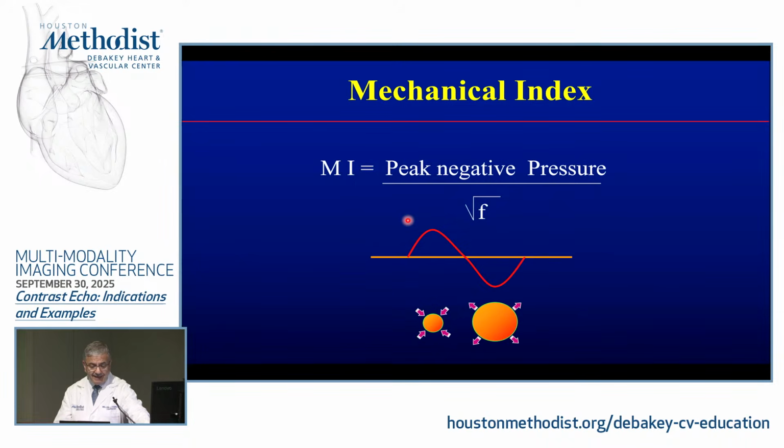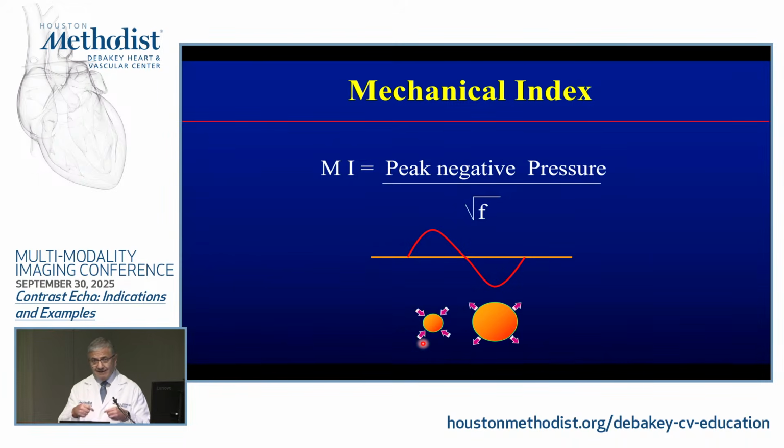So the mechanical index is higher the bigger the magnitude of this wave. And why is it important, particularly for contrast echocardiography? Remember, the frequency is very high, so you're talking about thousands and millions of these waves occurring. But during the negative portion, these bubbles, which stretch, compress, and stretch, will be overstretched and will burst, basically. That's how you destroy them.